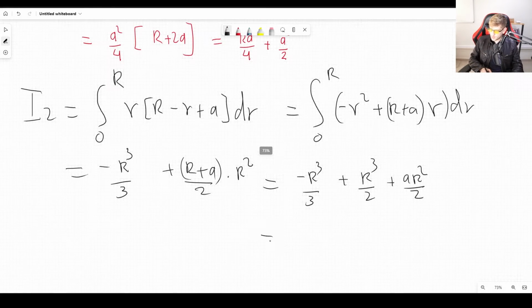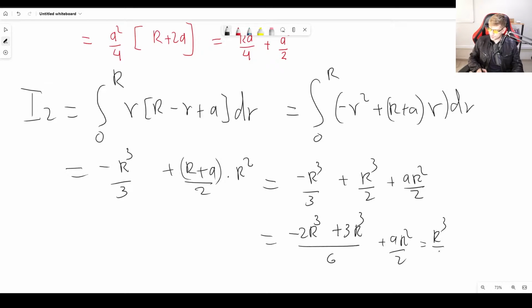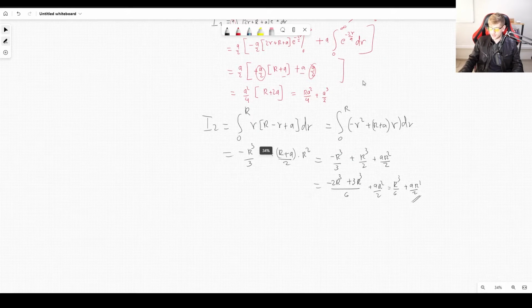So basically, we can add these two together, minimum common denominator. So we get minus 2r cubed plus 3r cubed over 6 plus a r squared over 2. So here we get r cubed over 6 plus a r squared over 2. That is the result of the second integral.